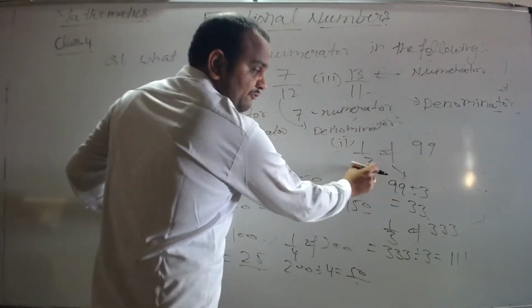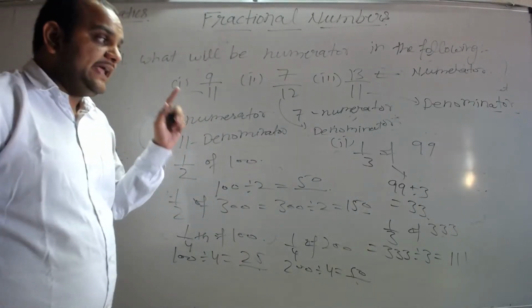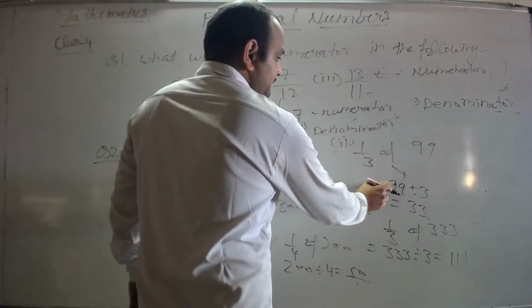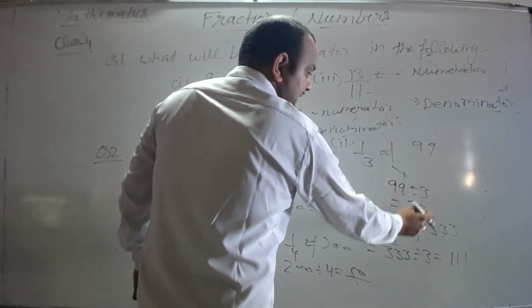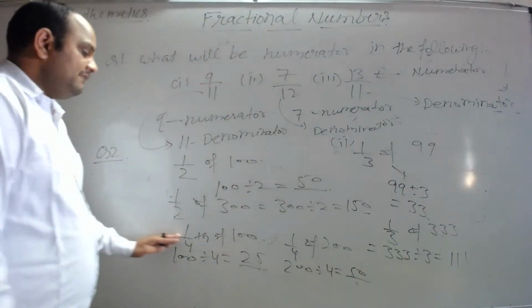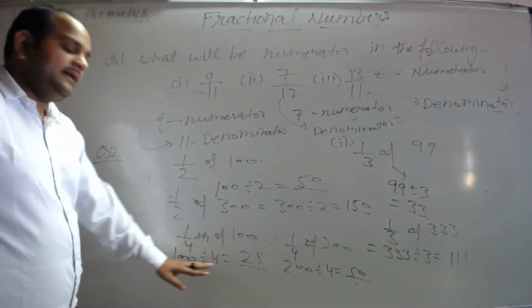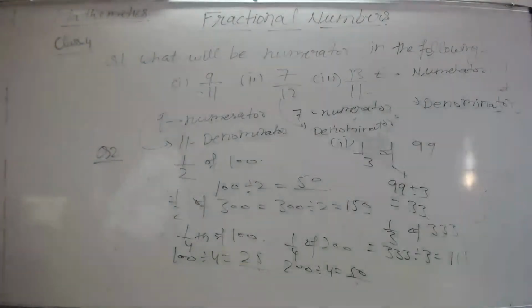In the definition of one third, a whole or a group is divided into three equal parts, so one third of 99 is 99 divided by 3, that will be 33. Again, one fourth of 100 will be 100 divided by 4, that is 25.